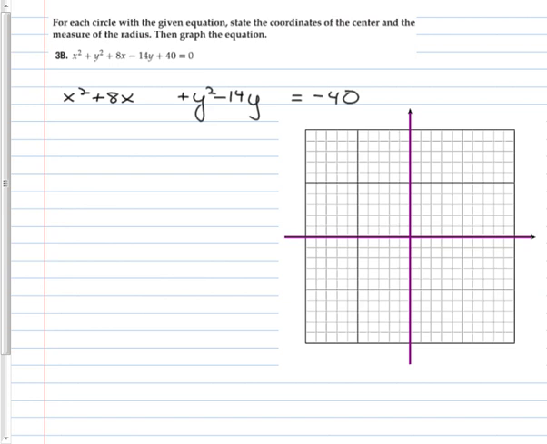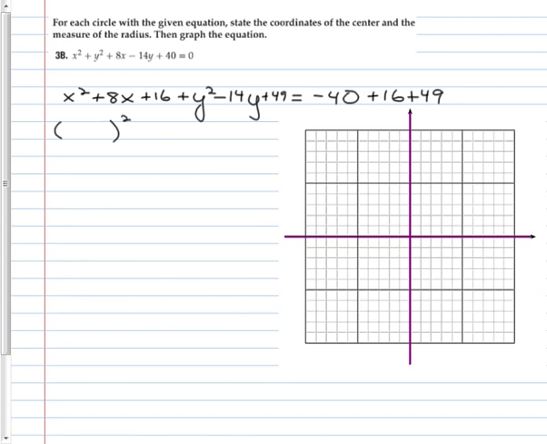So what will we complete the square with on the x's? 8 divided by 2 is 4. 4 squared is plus 16. Plus 16. How about the y's? Half of negative 14 is negative 7. You square it, plus 49. Plus 49. Now, the x's.